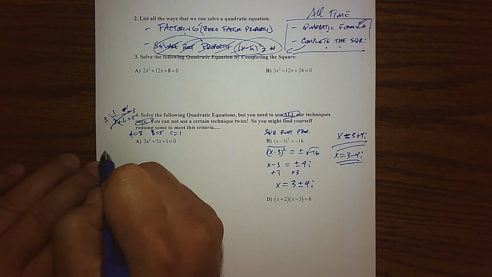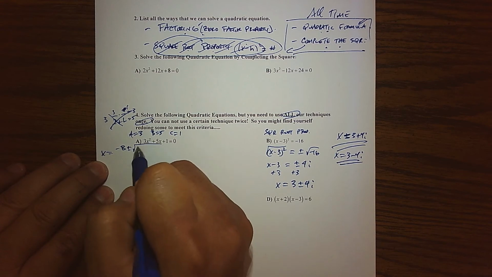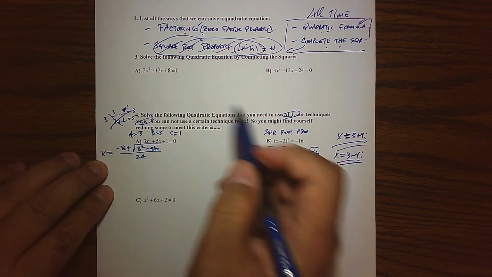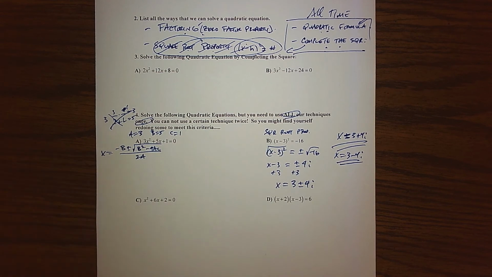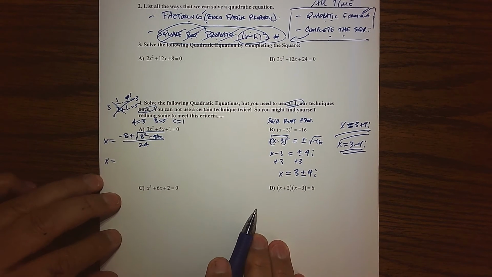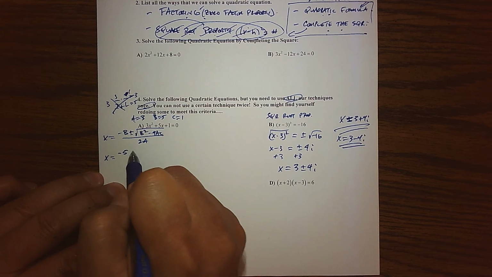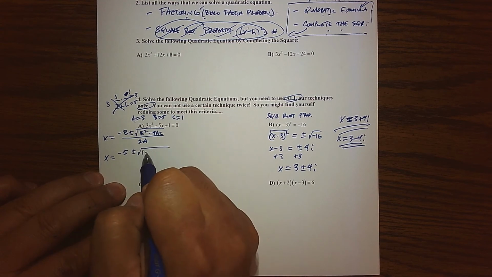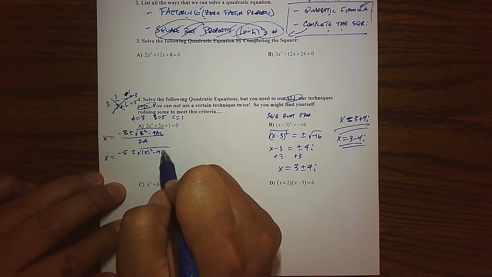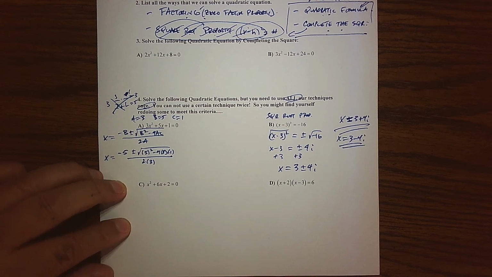So again, the quadratic formula, let me rewrite it down here, is negative b plus or minus the square root of b squared minus 4ac all over 2a. All right, and so now it's just a process of plugging in the coefficients that we have. And so we've got negative 5 plus or minus the square root of 5 squared minus 4 times my a times my c, all over 2 times a.